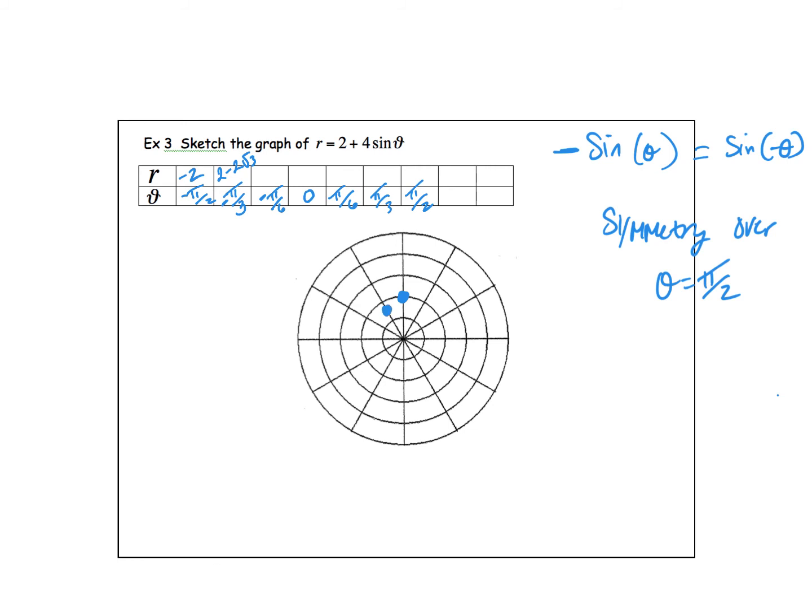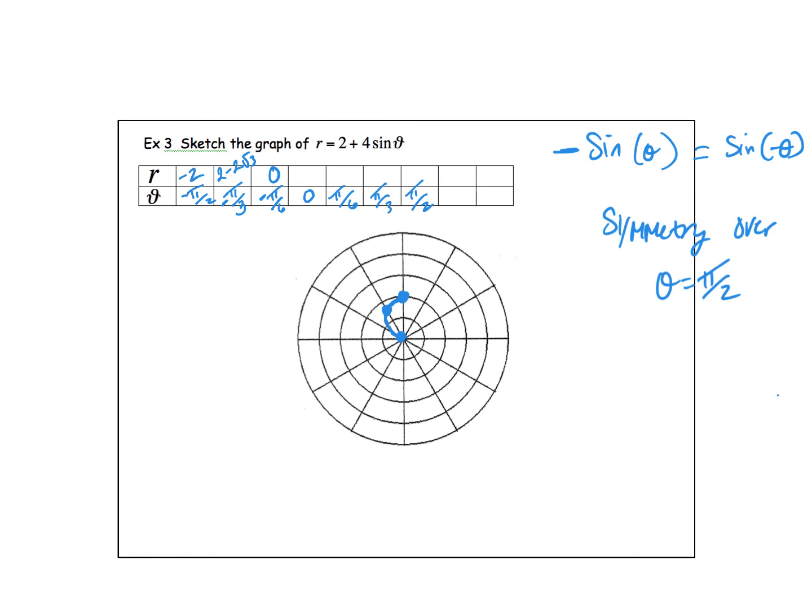Now if I go negative pi over 6, sine at negative pi over 6 is negative 1/2 times a 4, which is negative 2, plus a 2 is 0. Cool, so I'm just going to loop what I just did. Remember, everything is a curve with polar.